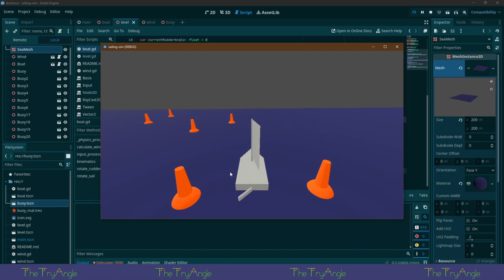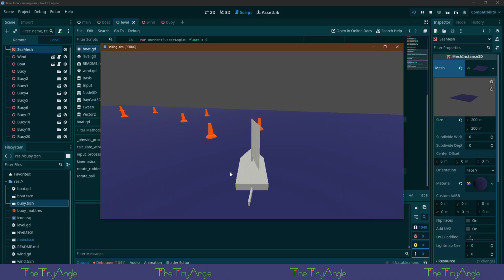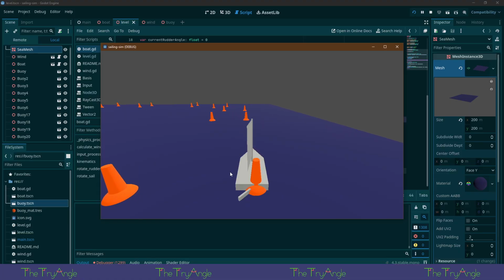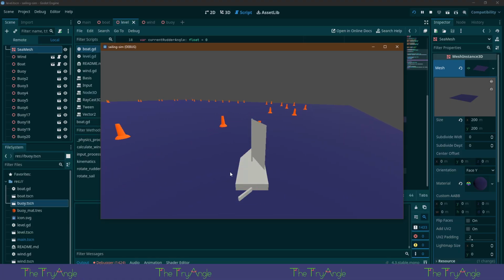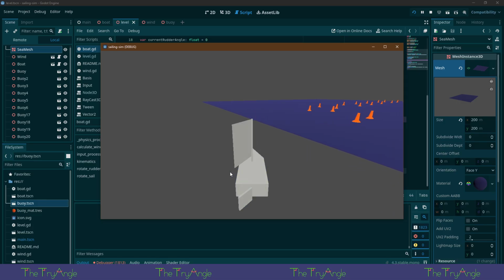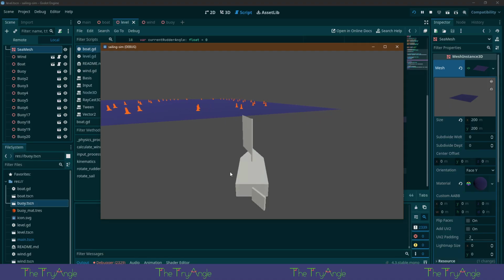Okay, so if we, whoa. I feel like we should not be able to move. Oh, what is going on? Oh! Yes. I know what's wrong. Can you spot the difference? I hope so.